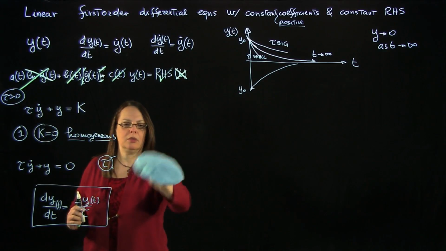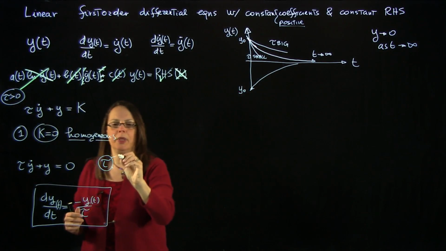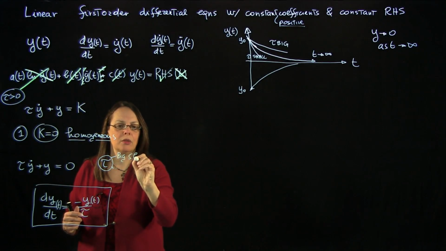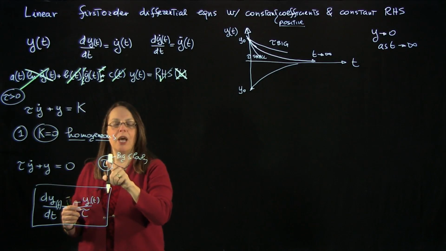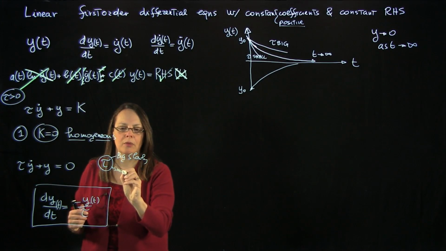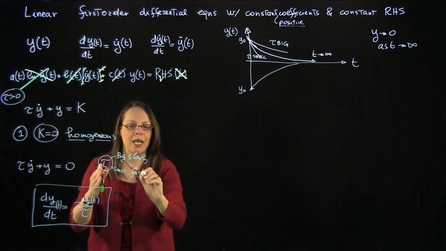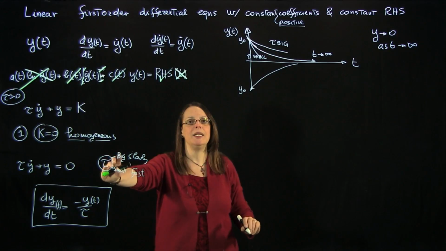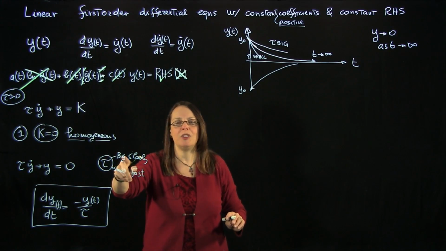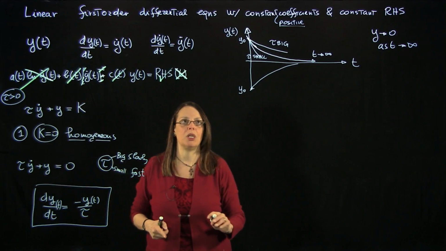Upside down. If the tau is big, I go to 0 slowly, right? If tau is big, it takes me a long time to go to 0. If tau is small, I go to 0 fast. It takes me little time to go to 0. So you already see that this time has to do with how much time it takes to go to 0. If it's big, it takes a big time to go to 0. If it's small, it takes a small time to go to 0.